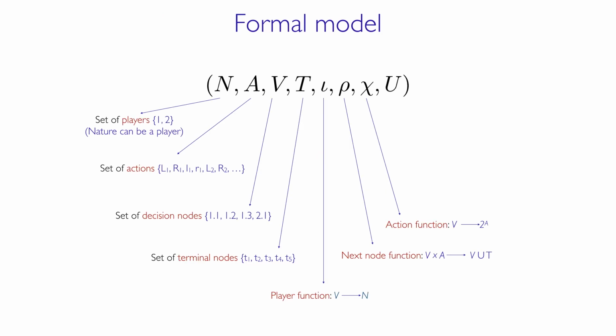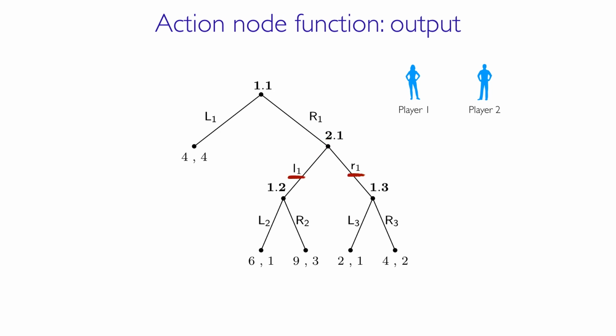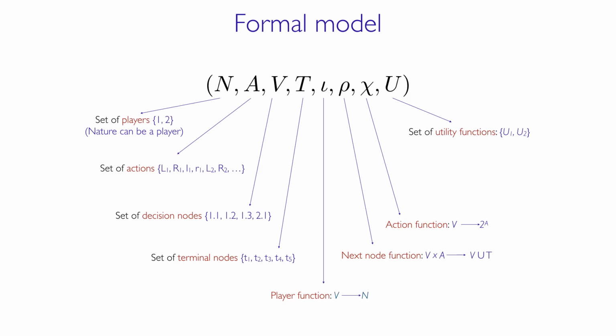Chi is the action function, that is, the function that returns the subset of actions available in a given decision node. So, for instance, given decision node 2.1, the set of available actions are lowercase l1 and lowercase r1. U is the set of the utility functions of the players, where ui is the utility function of player i.